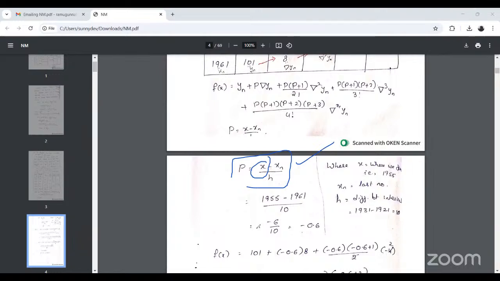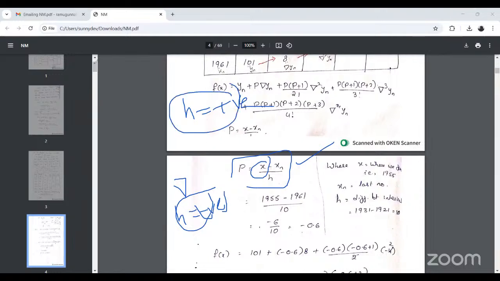Always remember, when using backward, the p value is negative. When you are in the forward, the p value should be positive. This is negative and this is positive.